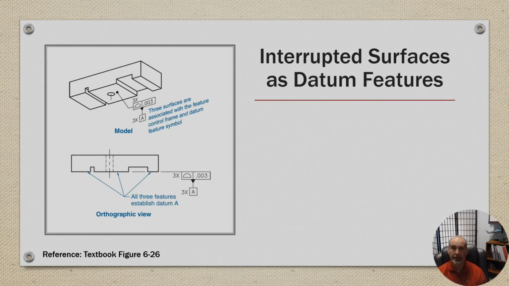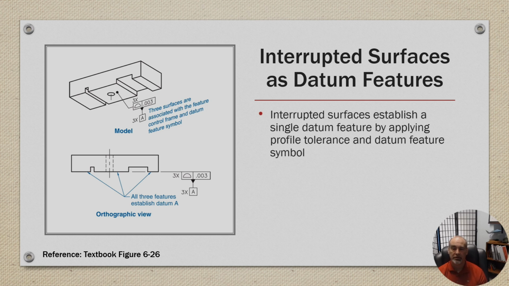Okay, interrupted surfaces as datum features. Interrupted surfaces establish a single datum feature by applying the profile tolerance and the datum feature symbol.